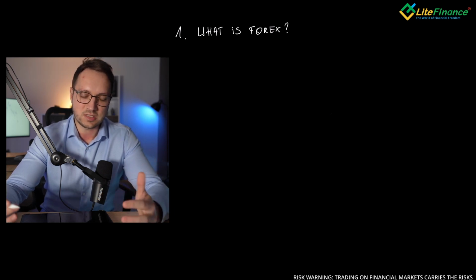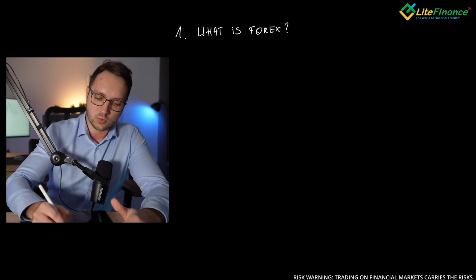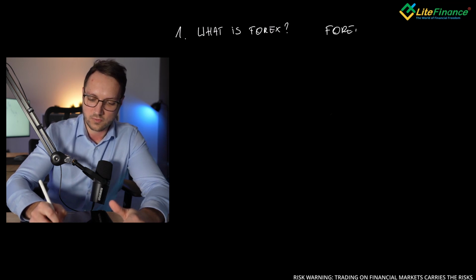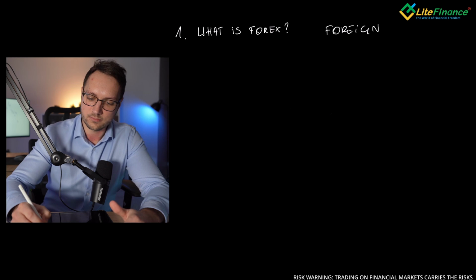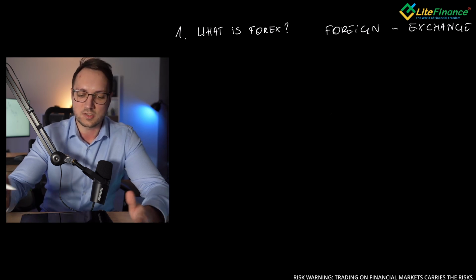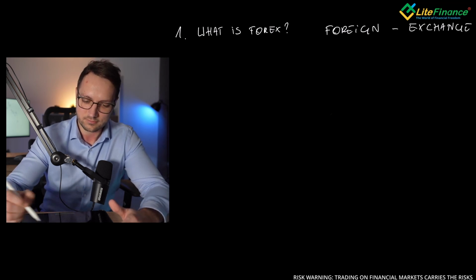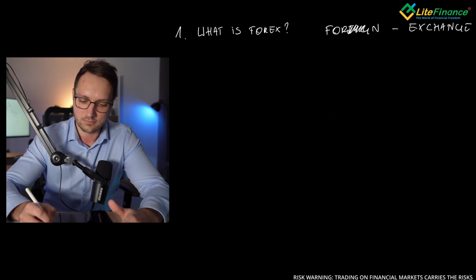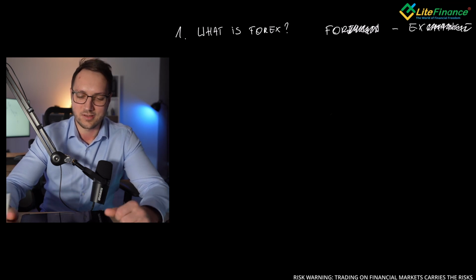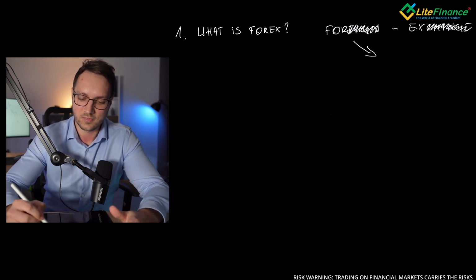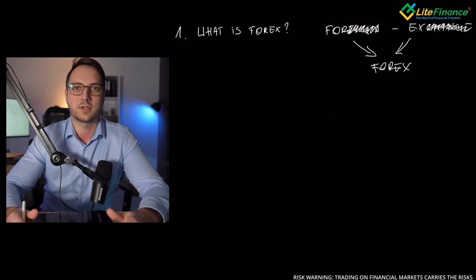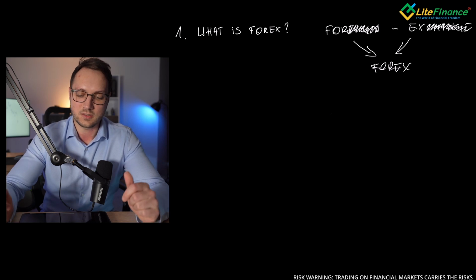The name itself comes from two words: first one, foreign, and exchange. As you can see, if we erase "reign" and "change" from those two words, combining that, we have the word Forex.